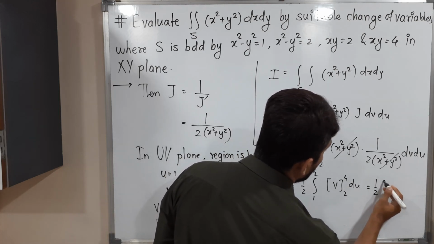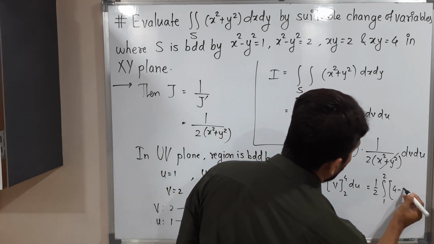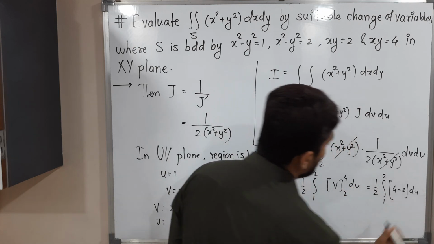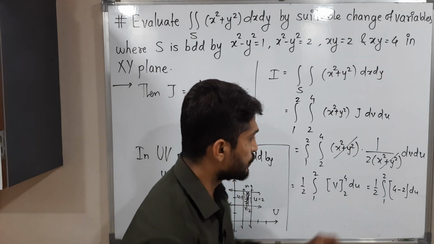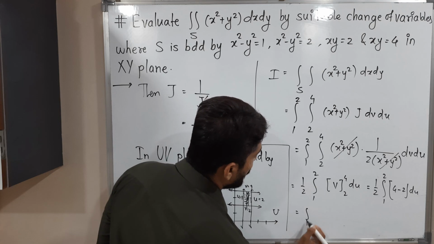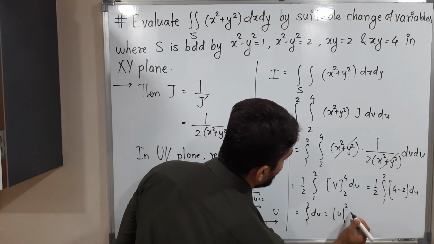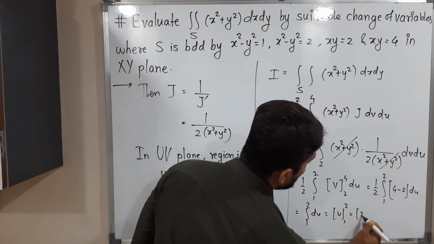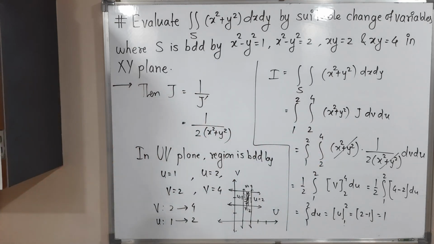So 1 by 2 integration 1 to 2. I am putting upper limit 4, lower limit 2, du. So 4 minus 2 is 2 and that cancels with this 2. So integration 1 to 2 du, its integration is u with limits 1 to 2. I am putting upper and lower limit. So 2 minus 1 which is 1. This is the required answer. Okay. So make a screenshot of it, then we will stop. Thank you. See you.